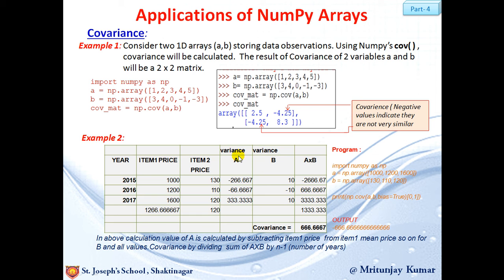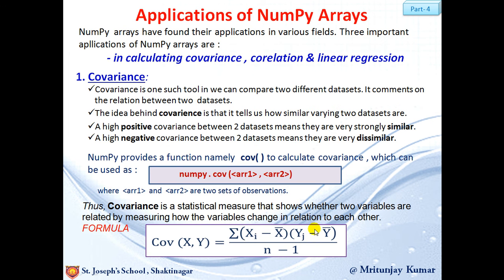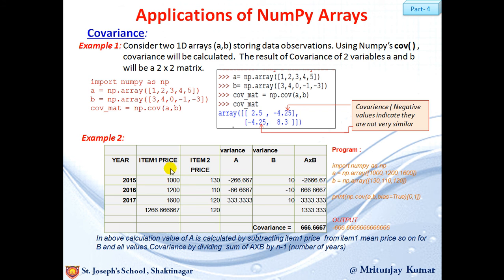The variances have been calculated, variance A and variance B, and after that the covariance has been calculated using the previous formula. First the mean, then xi minus mean, yj minus mean, then the product, then the sum, then after that n minus 1. You can see the same thing here.